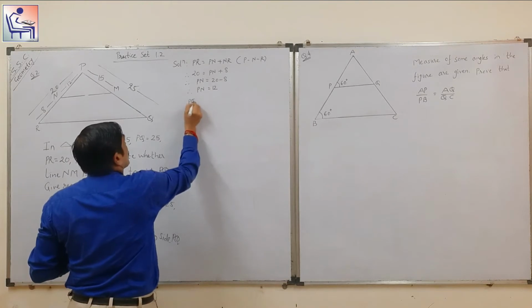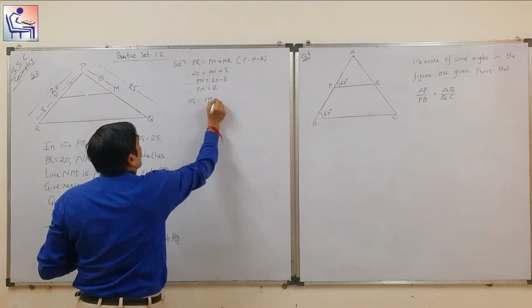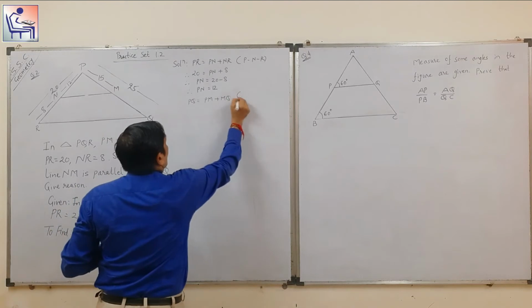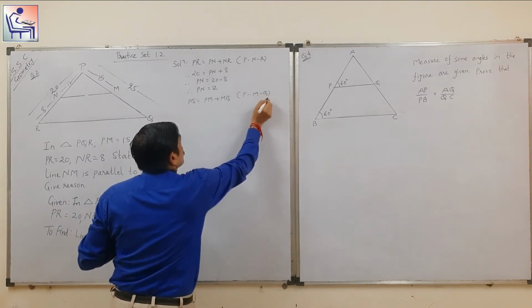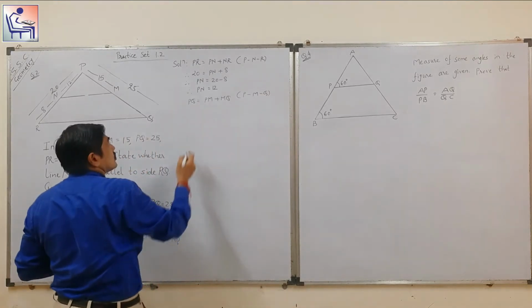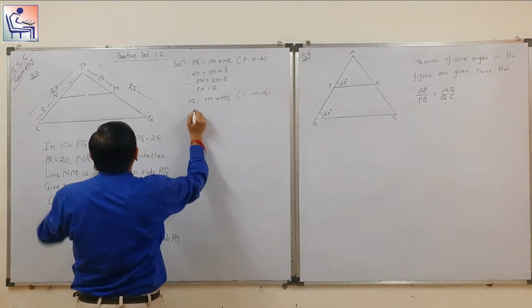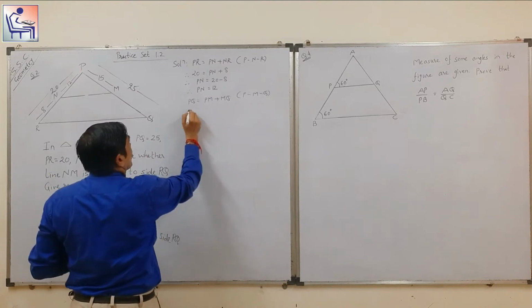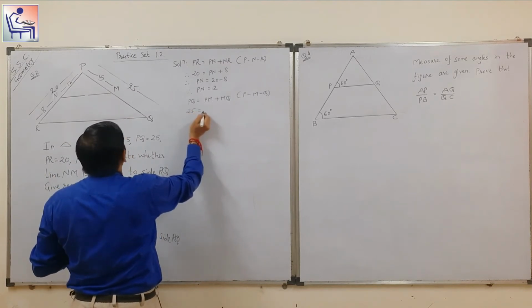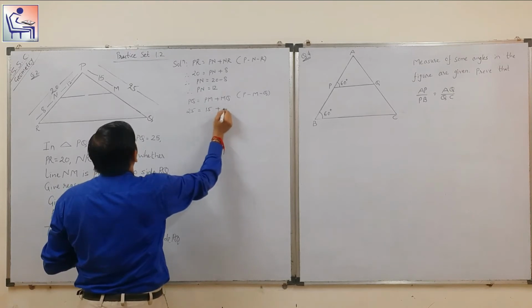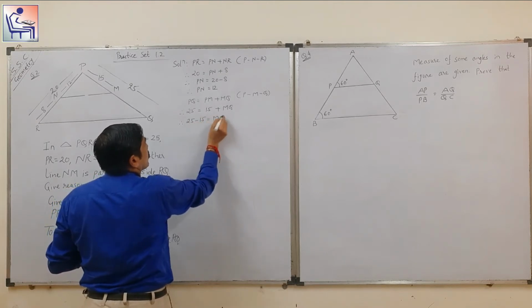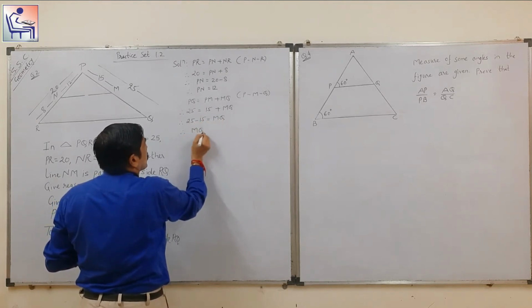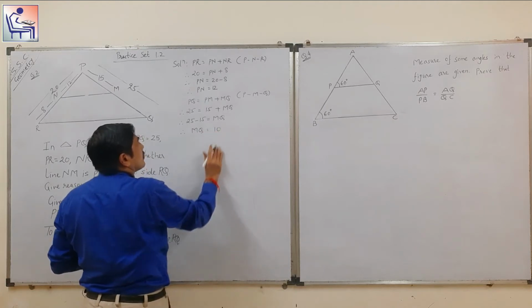We know that PQ is equal to PM plus MQ, and M lies between P and Q, so these points are on a single line. Now PQ is 25, PM is 15, MQ we have to find out.